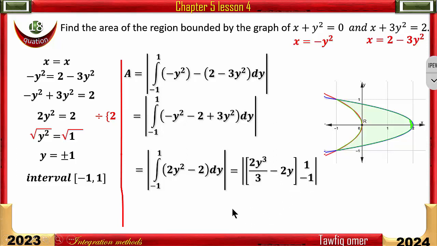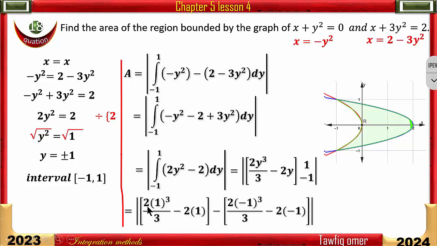The first time substitute 1 in place of y, so it becomes 2 times 1 cube over 3 minus 2 times 1, minus, and now substitute minus 1 in place of y, 2 times minus 1 cube over 3 minus 2 times minus 1. And simplifying, it becomes 8 over 3.